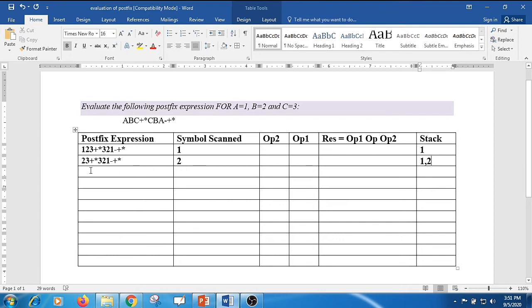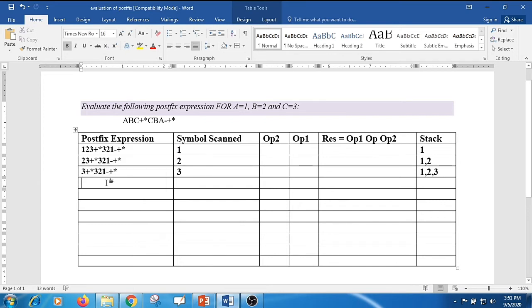Now the symbol scanned is 3, so the stack has 1, 2 and 3.